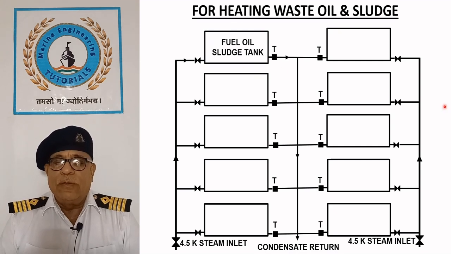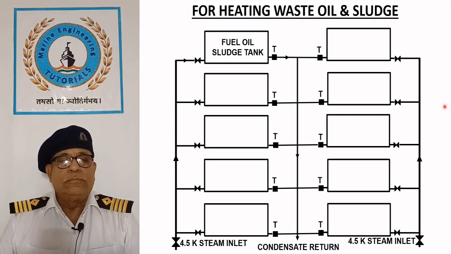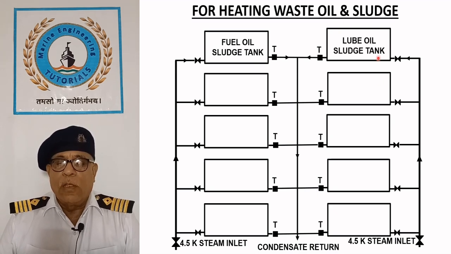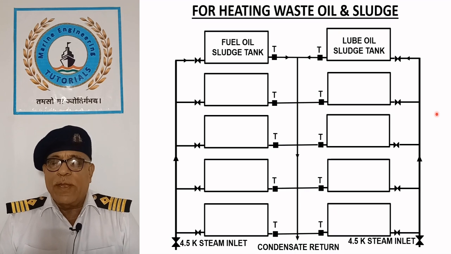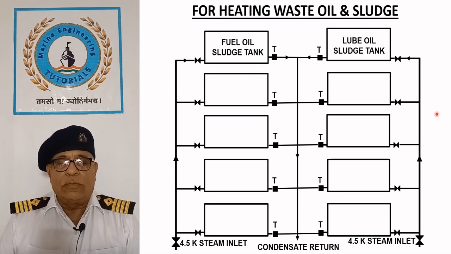Sludge separated by the heavy fuel oil purifier is heated to approximately 60 degrees Celsius to facilitate its transfer. Lubricating oil sludge tank. Sludge separated by lubricating oil purifiers is similarly heated to around 60 degrees Celsius to enable smooth transfer.